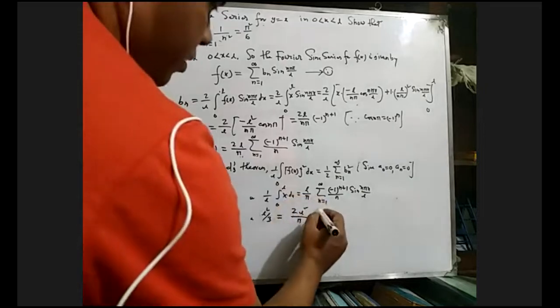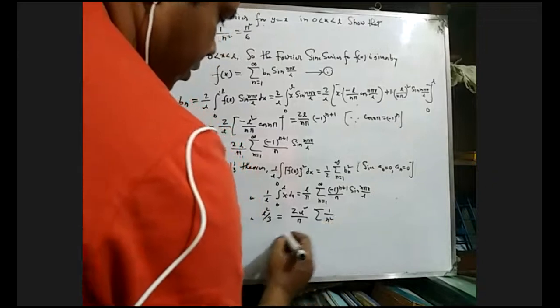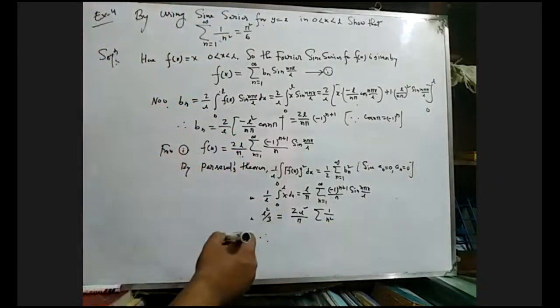This will be summation 1 by n square. So L square will be cancelled from both sides.